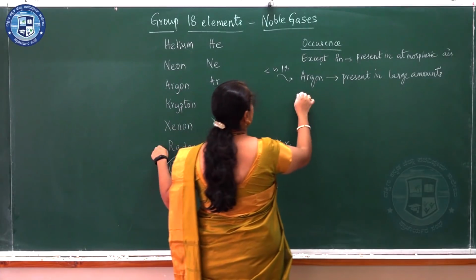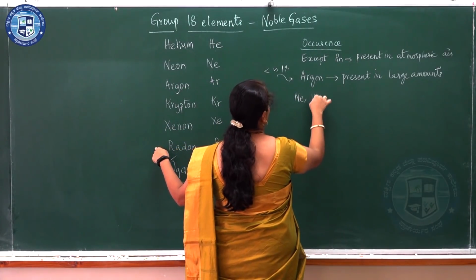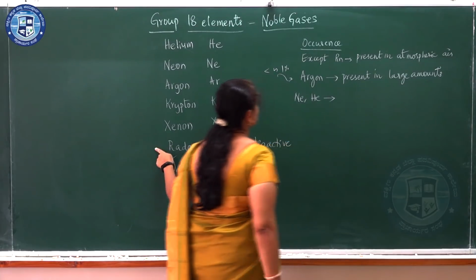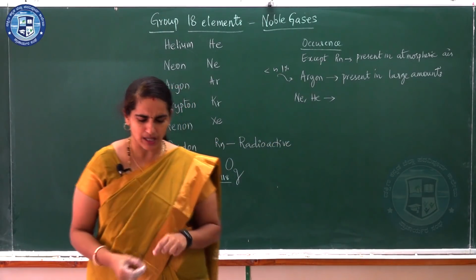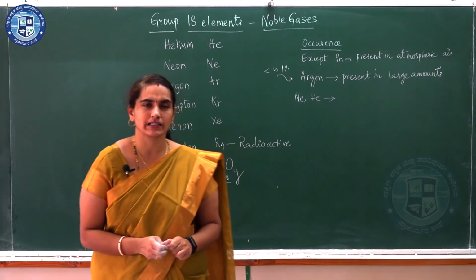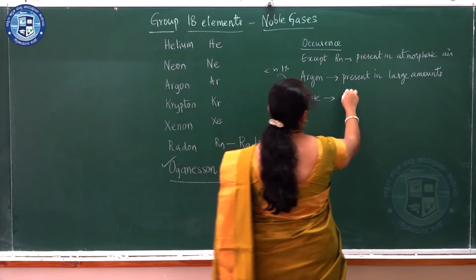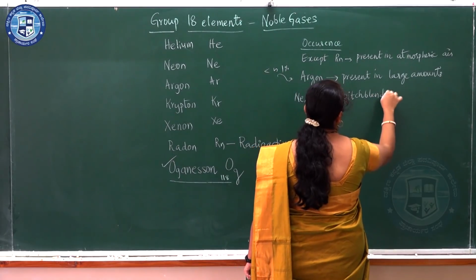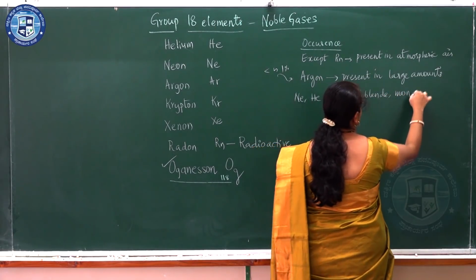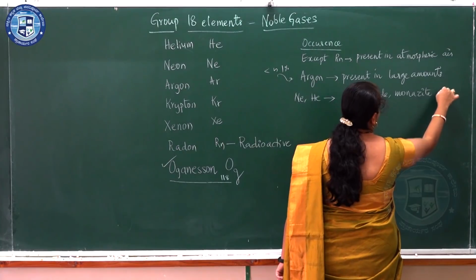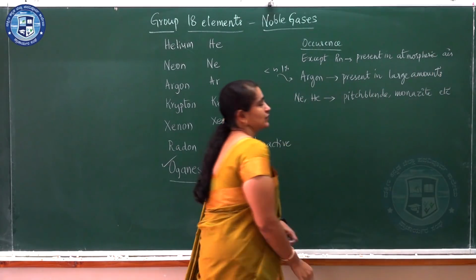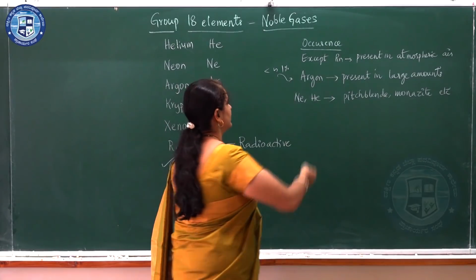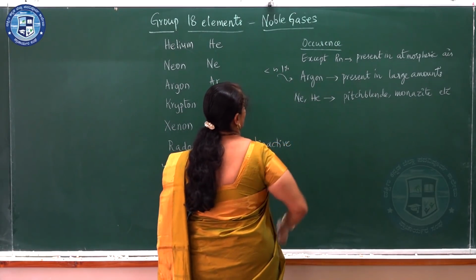Then neon and helium are usually seen in some radioactive minerals like pitchblende, monazite, etc. So in radioactive mineral sources we find some of the helium and neon.